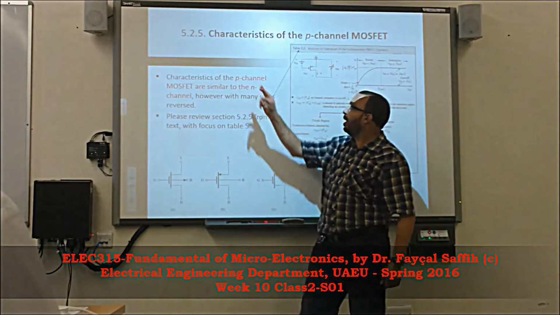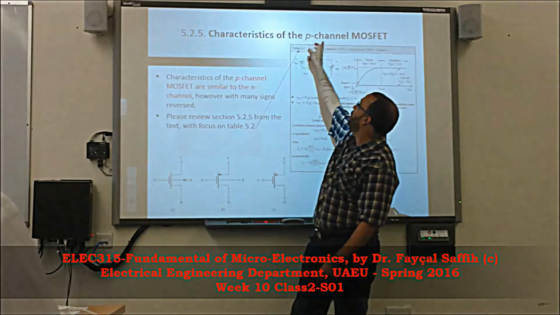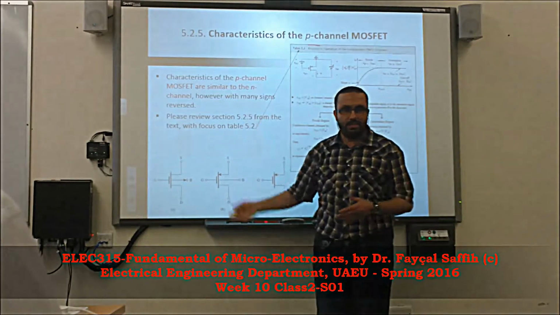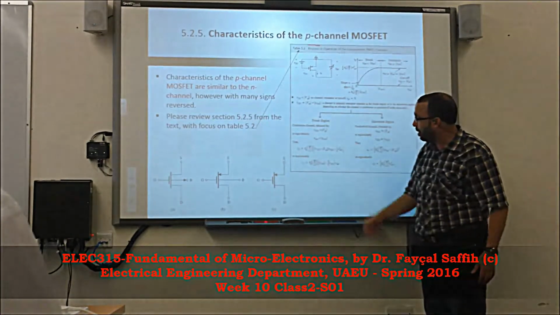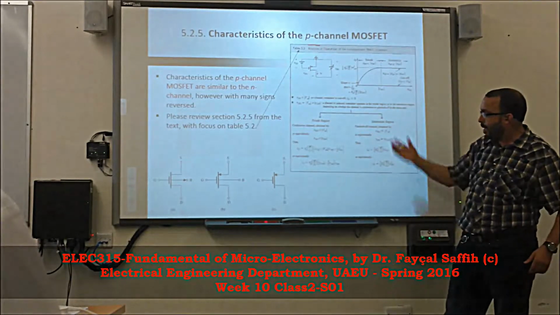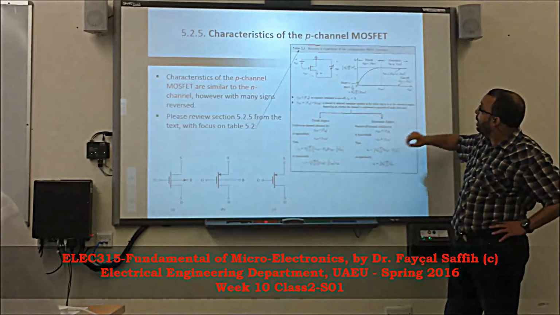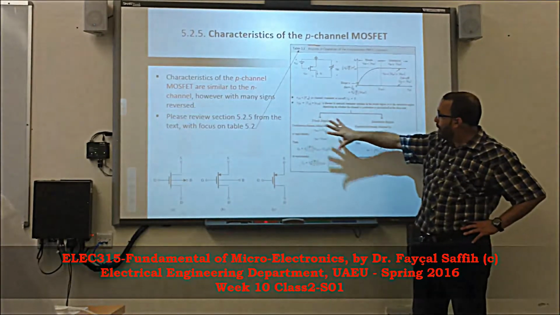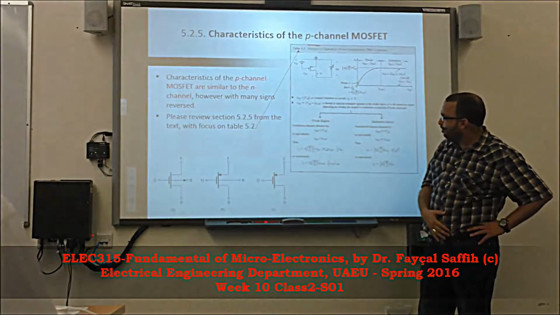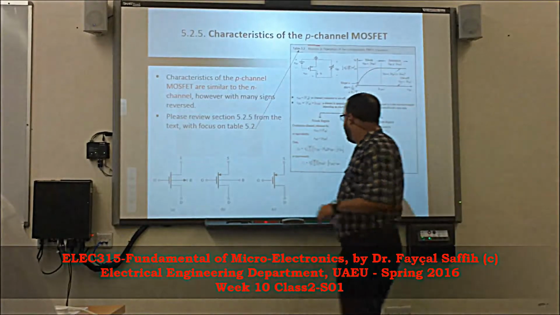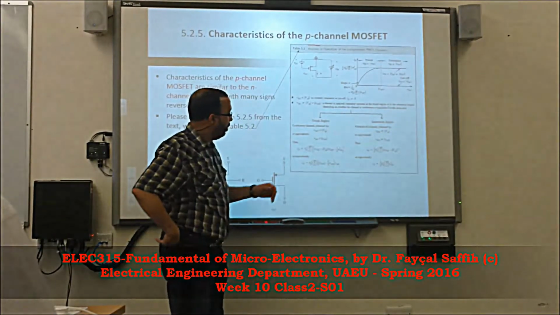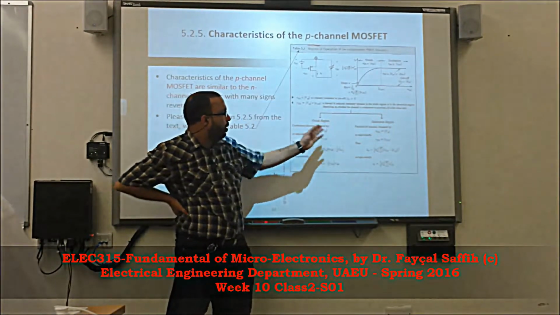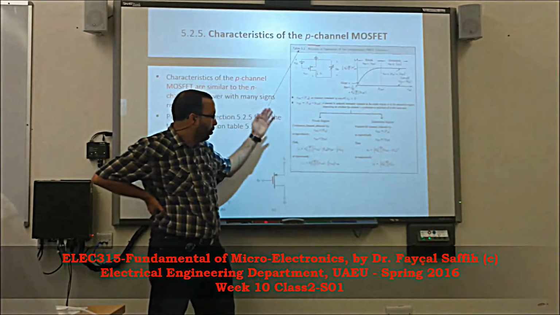This is PMOS, remember? We are talking about PMOS. Technically we have said this. We are not just repeating ourselves. And the equations are typically the same. Here are basically the equations for the PMOS in terms of the triode and the saturation. And basically they are exactly the opposite to the NMOS. Okay, I'll let you revise this.